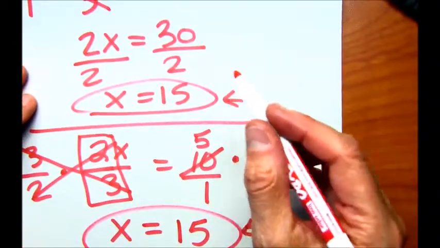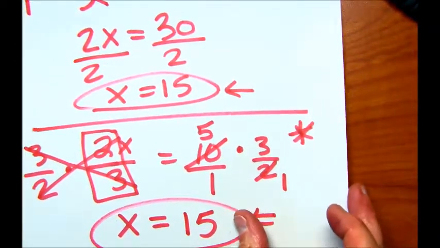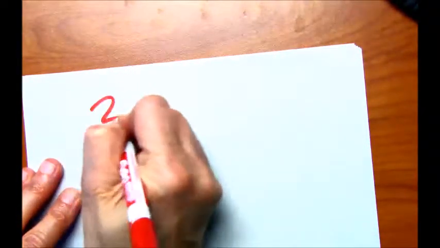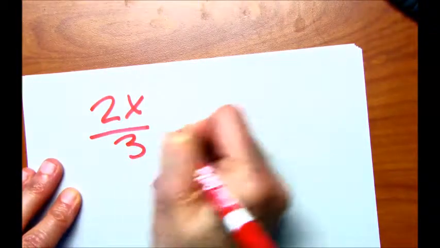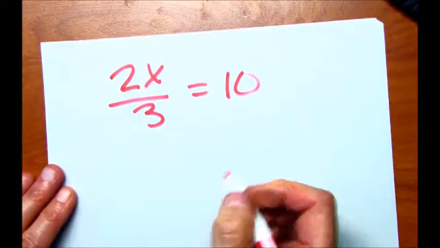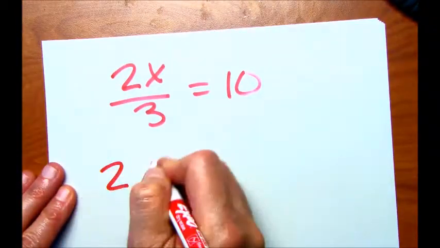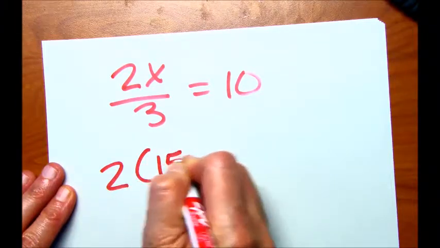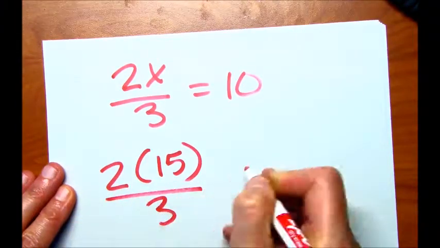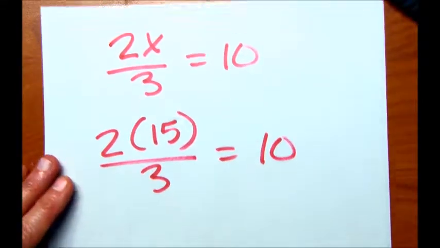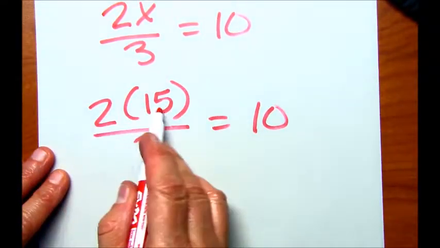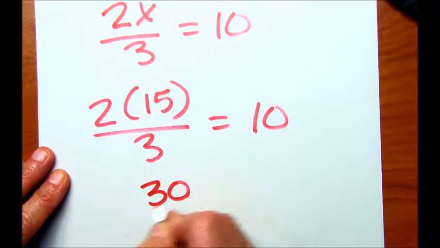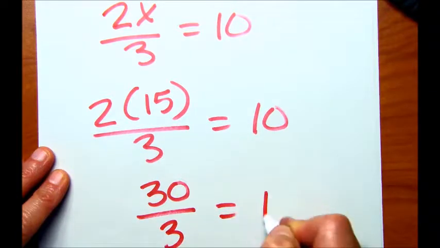Now let's check the work. One more piece of paper here. So if our original problem was 2x over 3 equals 10, and we said x was 15, we're going to go 2 times 15 divided by 3 equals 10. 2 times 15 is 30. 30 divided by 3.